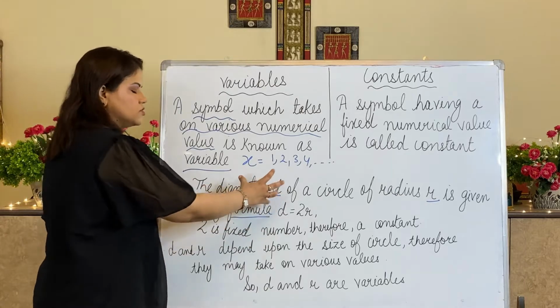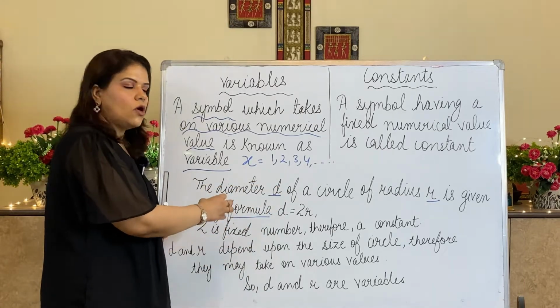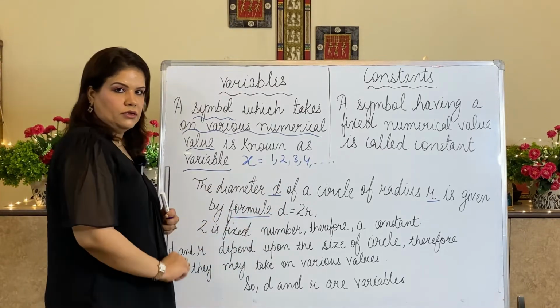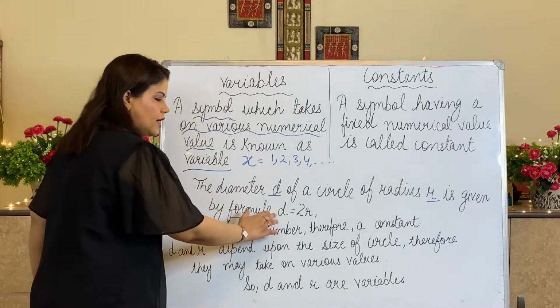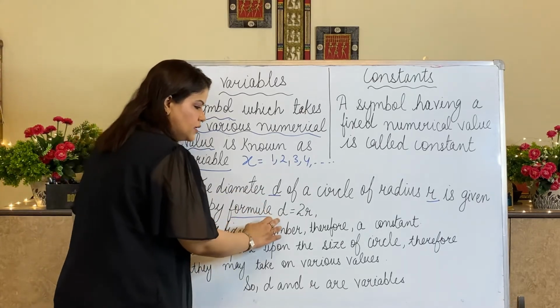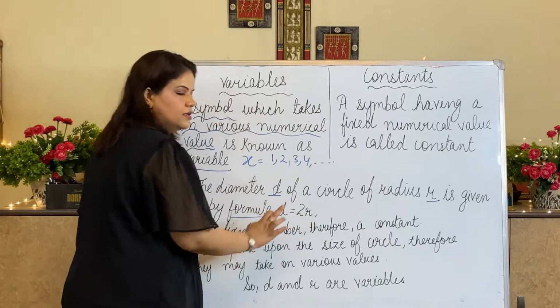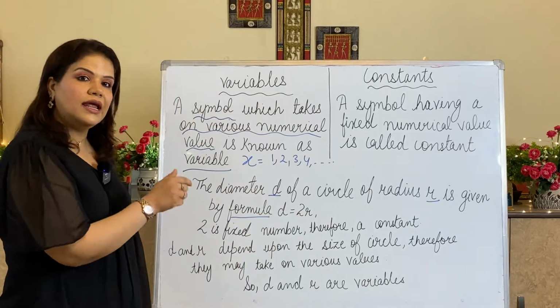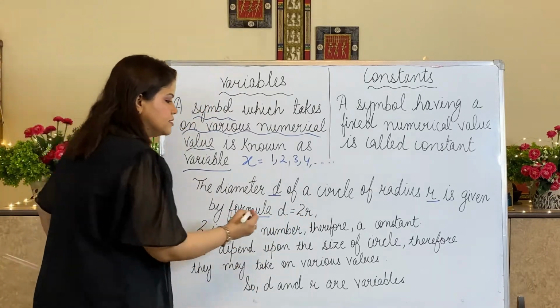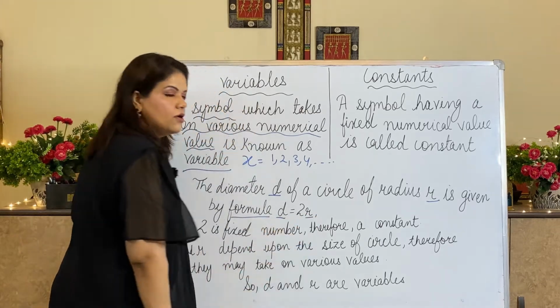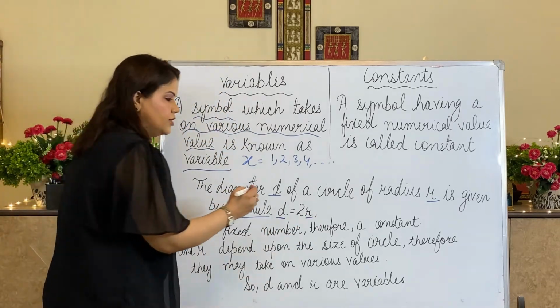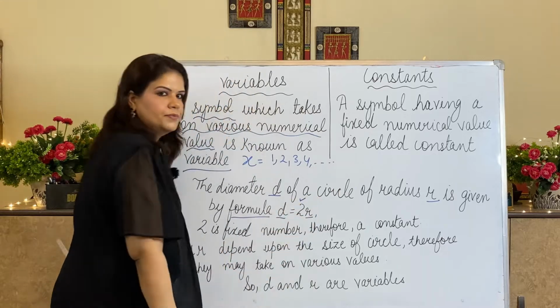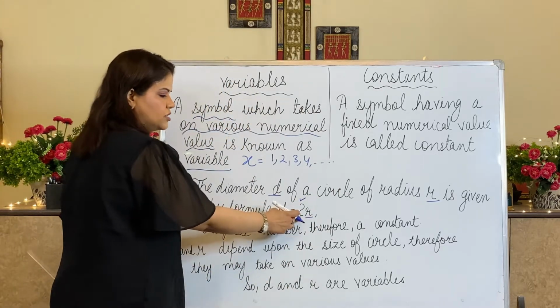So we can write the formula for the diameter of the circle as diameter is equal to twice the radius in letter form. Now in this, d and r are variables and 2 is a fixed number. 2 is not going to change its value.